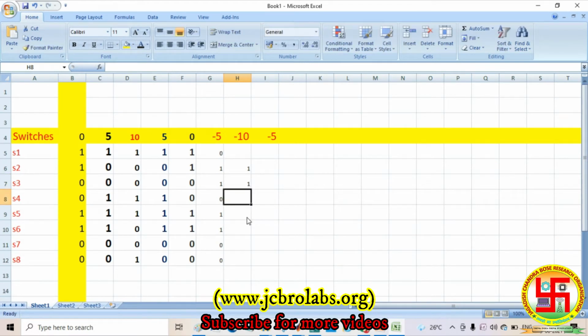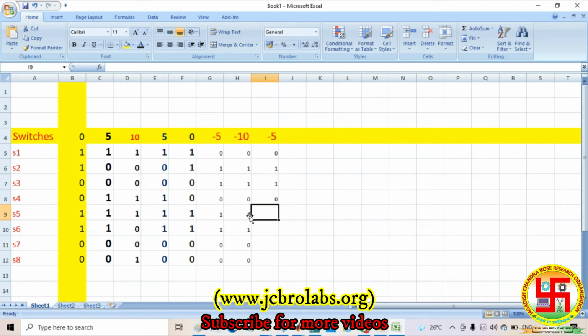Now 5 and 6, the remaining will become 0 0 0 0, and again minus 5. So minus 5 will repeat again, 0 here, 1 1 0, then again minus 5, right?